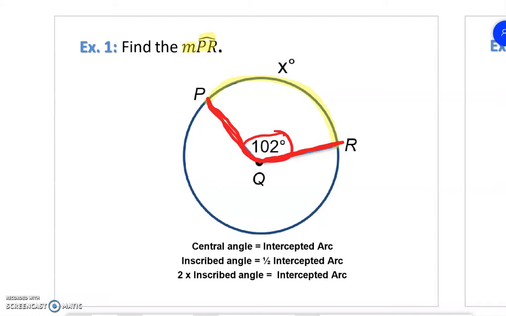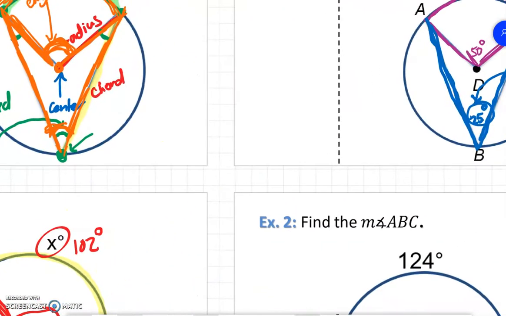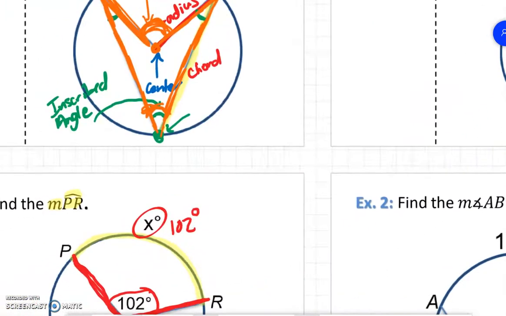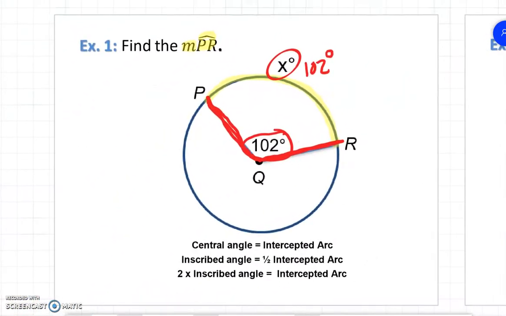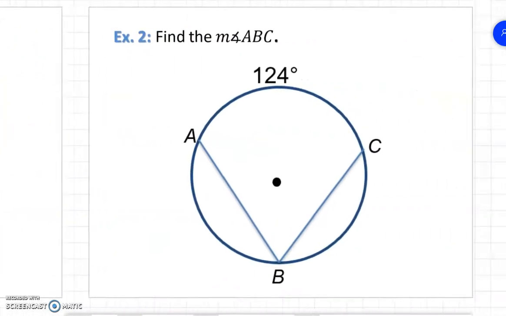The central angle is 102 degrees. That means the intercepted arc must also be 102 degrees, and we learned that from the previous slide: the intercepted arc and a central angle have exactly the same measure. So it's as simple as that for that one.